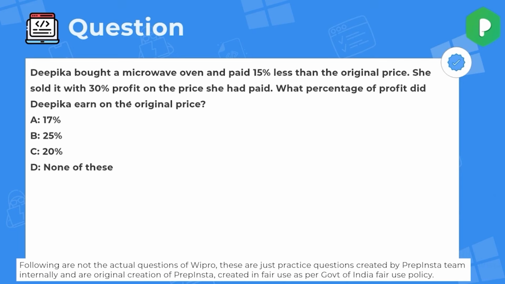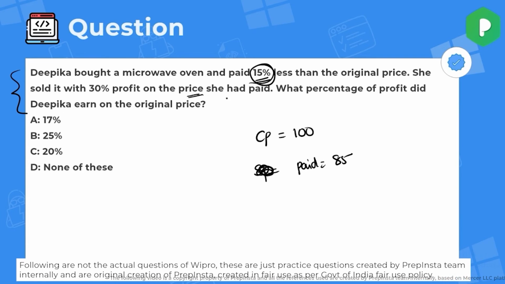Just look at the solution now. Deepika bought a microwave oven and paid 15% less. When I looked at the whole question, I didn't find any price of the microwave, right? So I am assuming that the cost price is 100 rupees and she paid 15% less. Then the amount she has paid is 85 rupees. Why? Because she got a discount of 15%, and sold it for 30% profit on the price she paid.